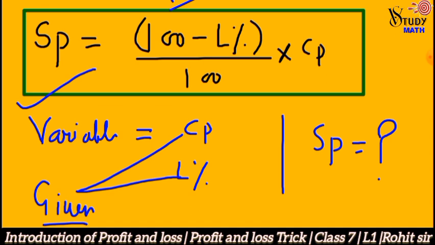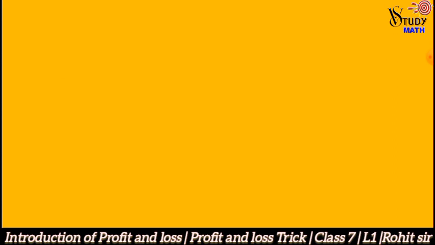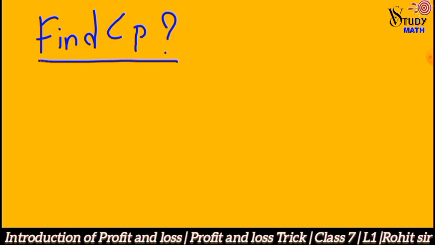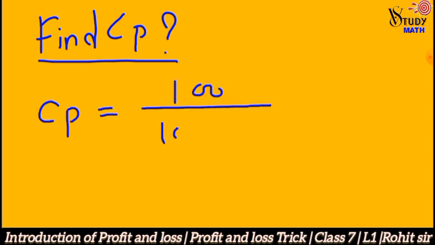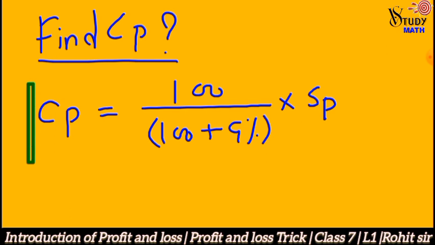Now comes to one more formula. If you need to find CP, how do you find CP? For that, the first formula is that CP is equal to 100 upon (100 plus gain percent) multiply SP. So this is our first formula on CP.